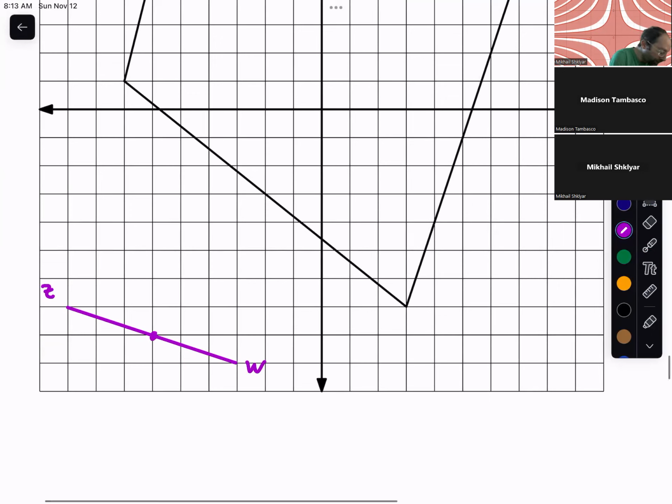So what is the point that's the midpoint of the line that connects them? Well, really, if you were to look carefully at it, you can form two similar right triangles like this.